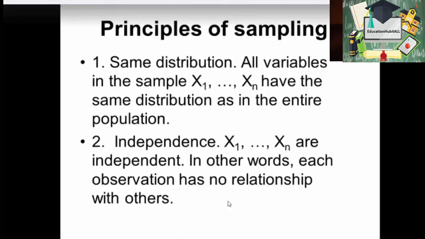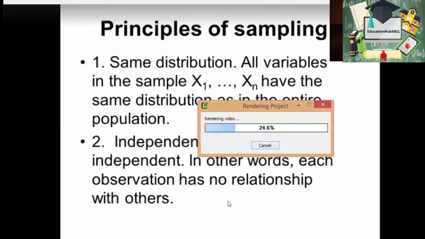So we always said these samples have to be independent. So there's the word called IID. It's called identically independent distributions.